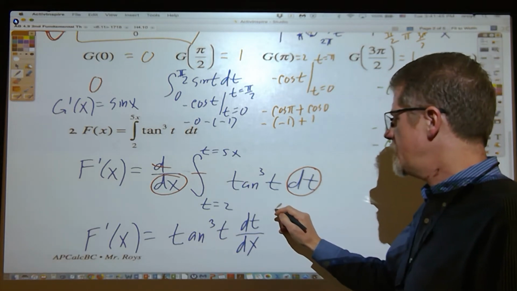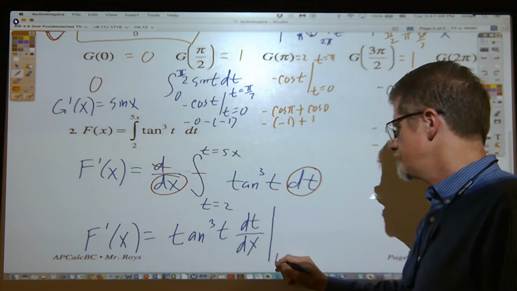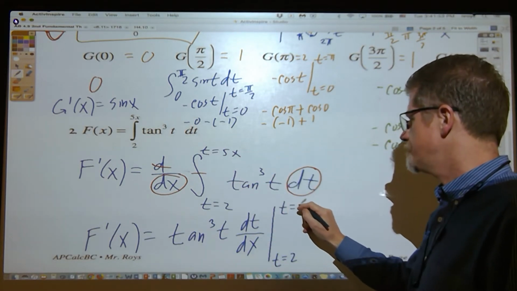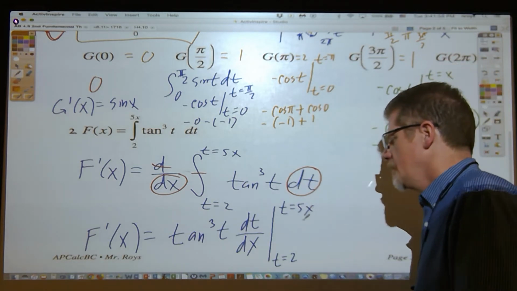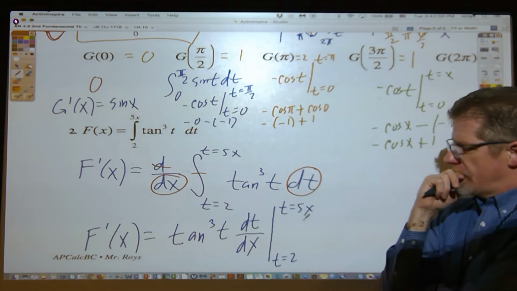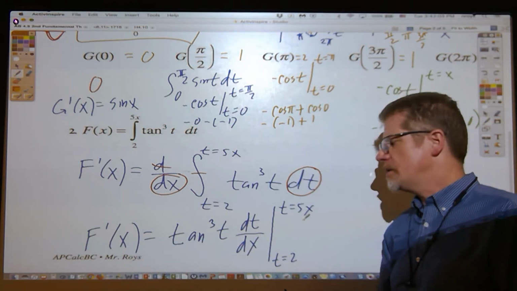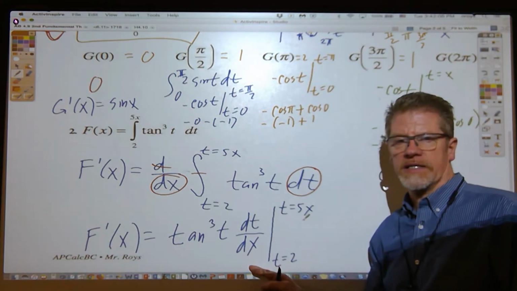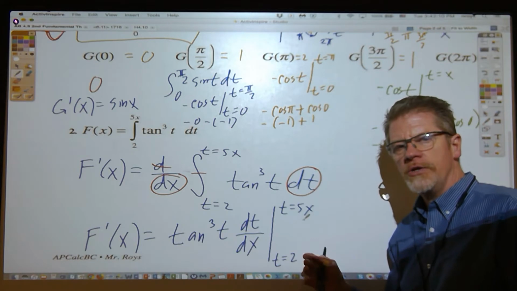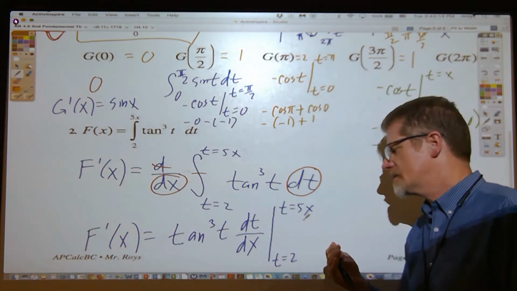And this has to be evaluated from t equals 2 to t equals 5x. Now, here's what you've never seen before. We have to evaluate an expression that contains not only t, but also dt dx. For every value of t, you need to come up with a companion value of dt dx.